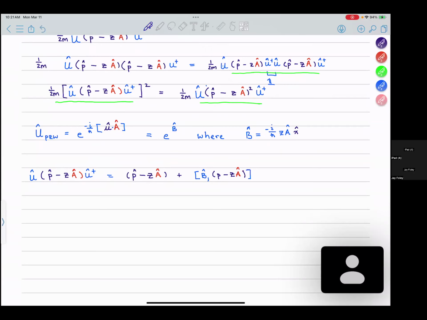Okay. And so let's figure out what this commutator is.